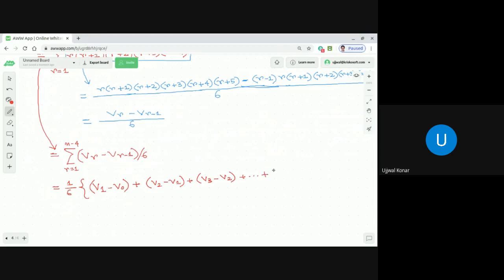The n minus 5th term, Vn minus 5 minus Vn minus 6, correct? Then n minus 4, so what will be Vn minus 4 minus Vn minus 5, correct or not?